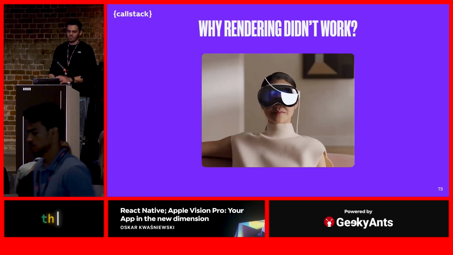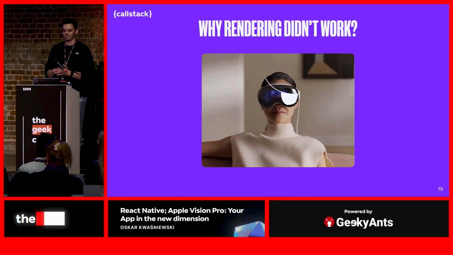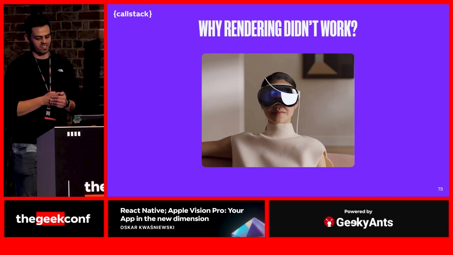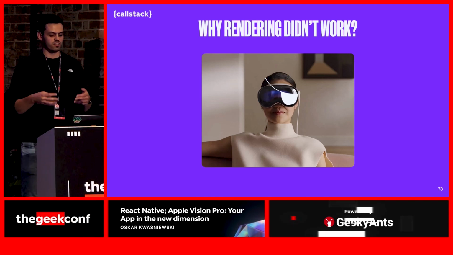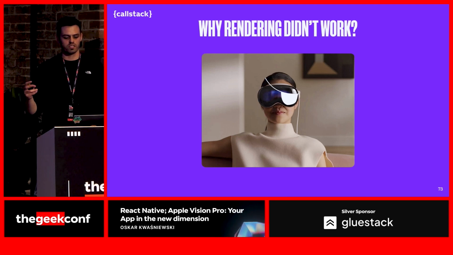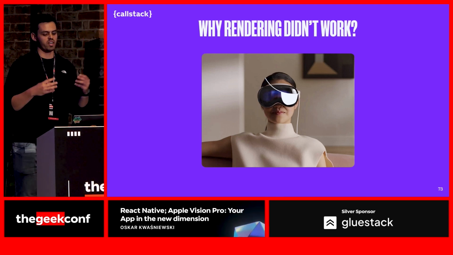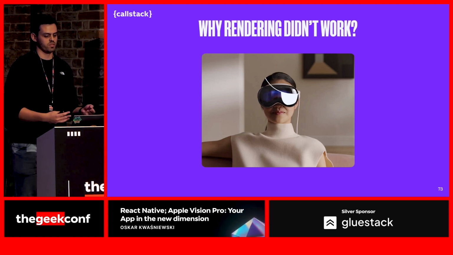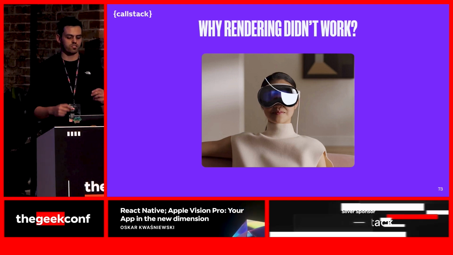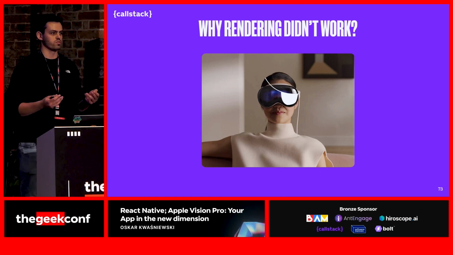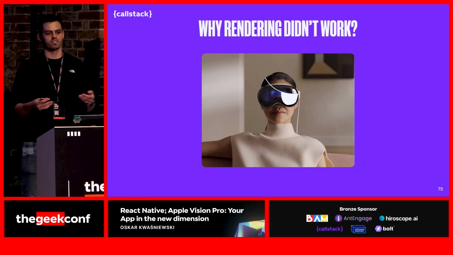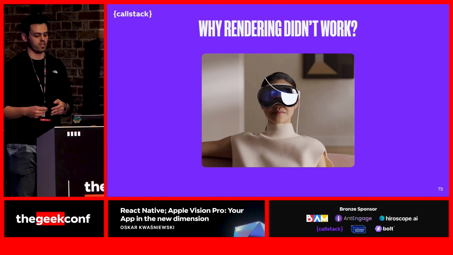I don't want to bore you with low-level Metal rendering engine code, but why didn't the rendering work? In short, the compositor service that's used to compose views on Apple Vision is way more complex on the device than on the simulator. And the simulator only shows the output for one eye, tricking you into believing that your code works perfectly, when in fact it doesn't work at all on the device.